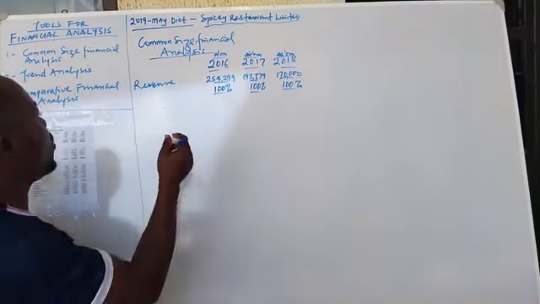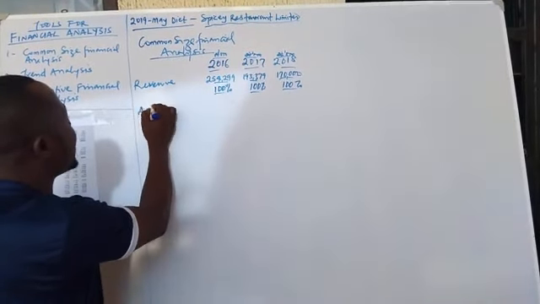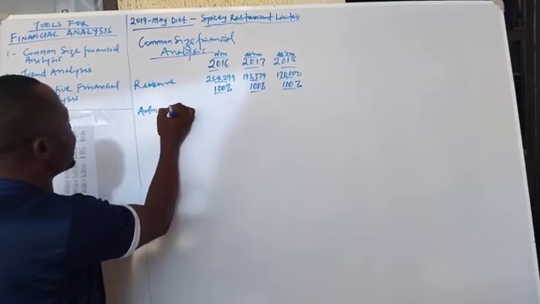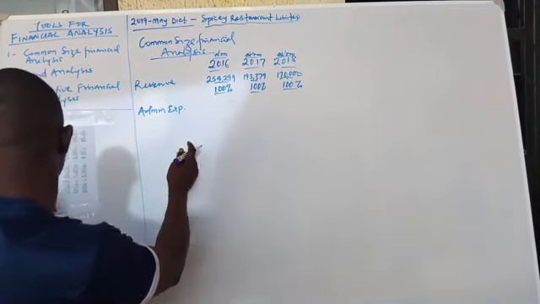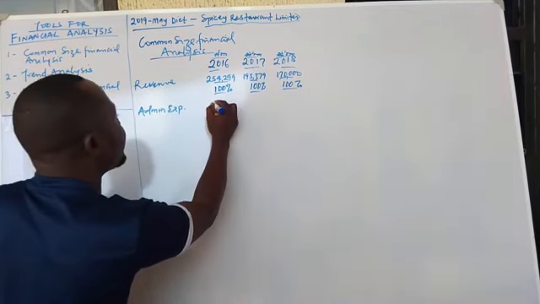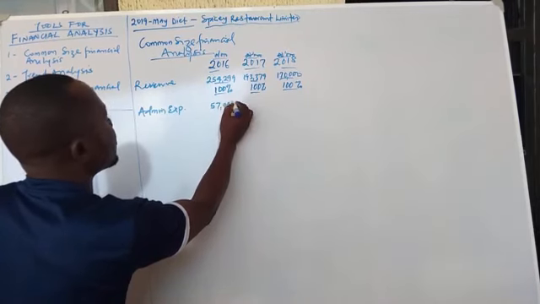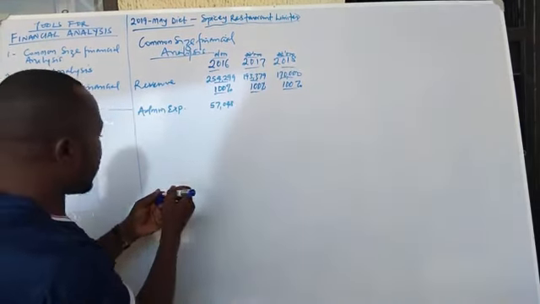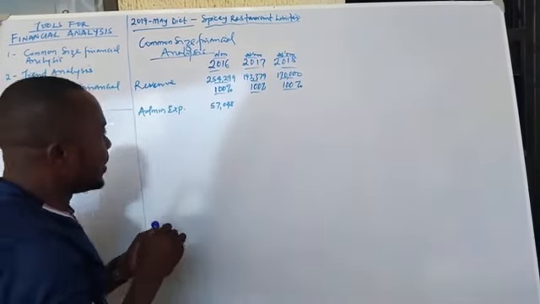What is the performance of the admin expenses? So what is the proration? Admin expense under 2016 is 57,048.